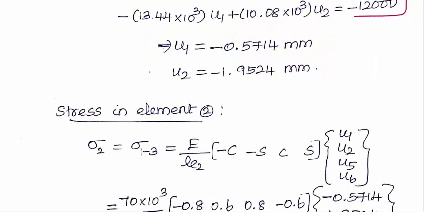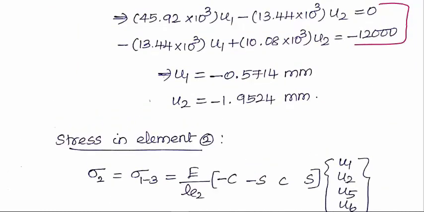To calculate the stress induced in the second element, sigma 2 is equal to E by L of element 2 into minus C, minus S, C, S corresponding to the second element, into the displacement matrix corresponding to the second element as U1, U2, U5, U6.